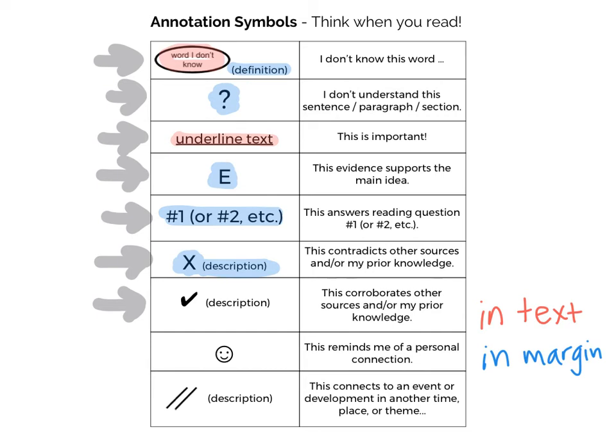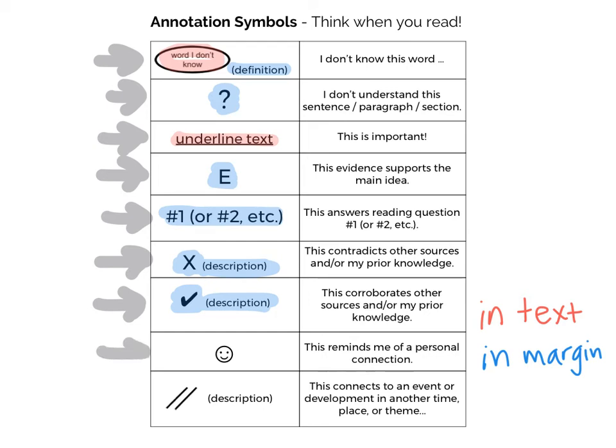So if one source tells you that George Washington had wooden teeth, and another source also tells you that George Washington had wooden teeth, when you read the second source, you would put a check mark in the margin, and you would say, this matches what the first source told me as well. So you would describe what other source corroborates this information in the margins.